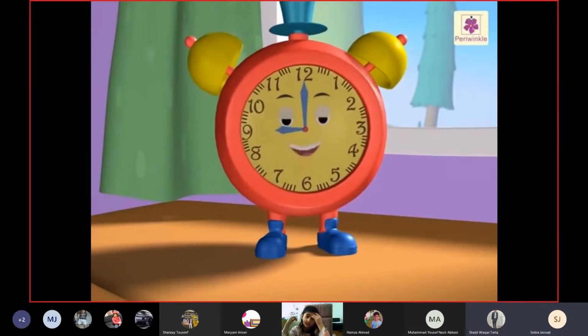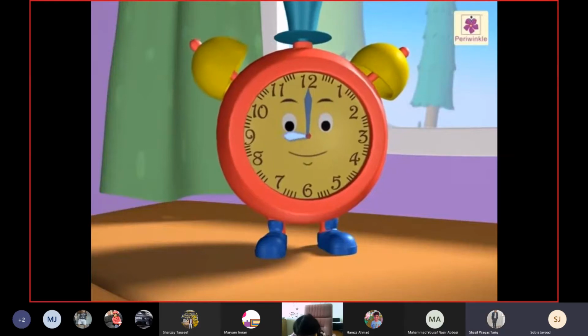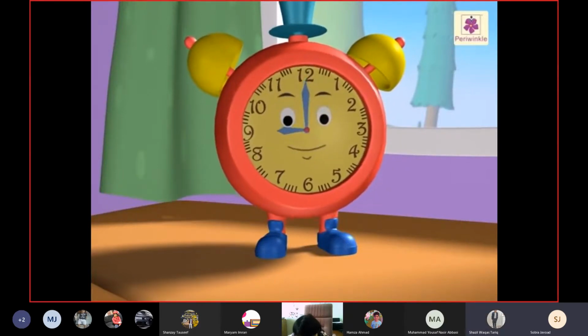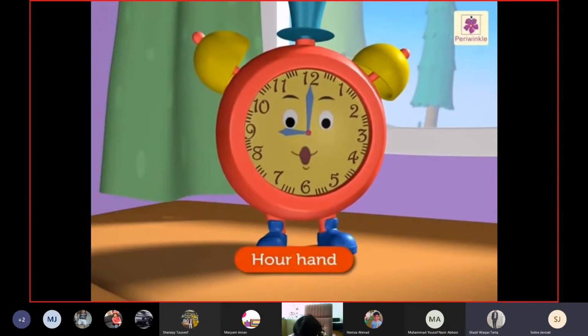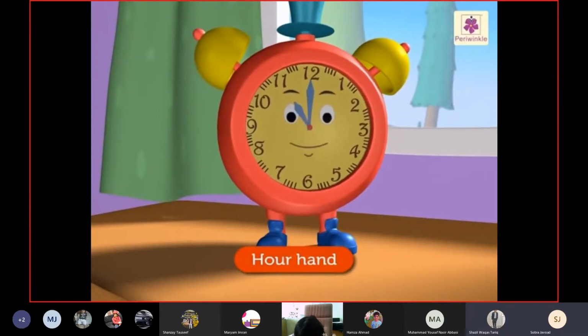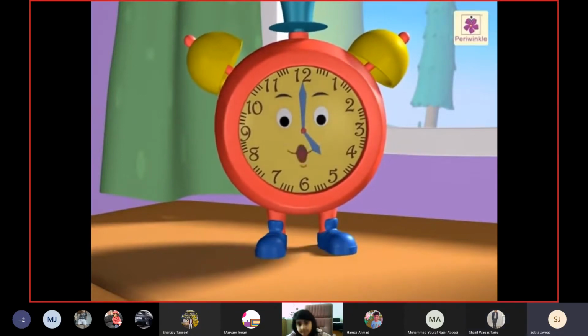But my one hand is short and the other long. My short hand is also called an hour hand. It shows the hour. A day has 24 hours.